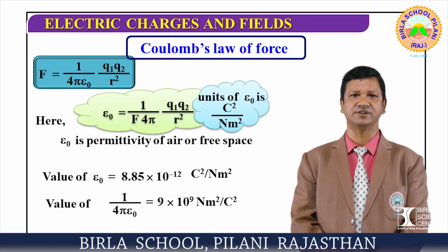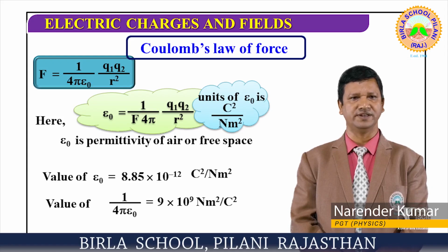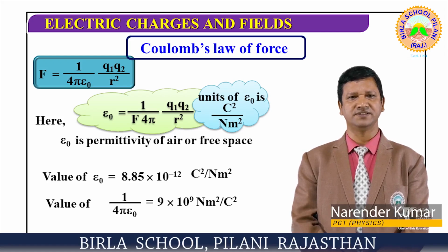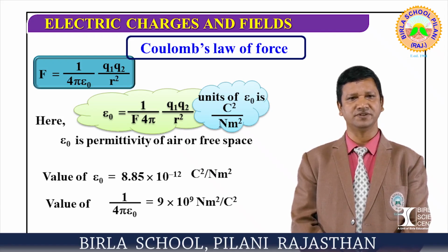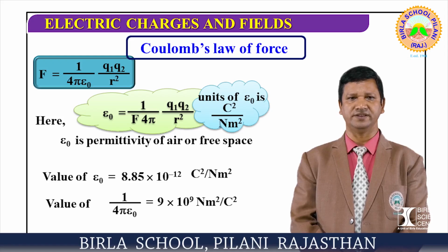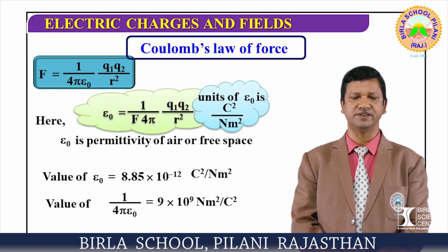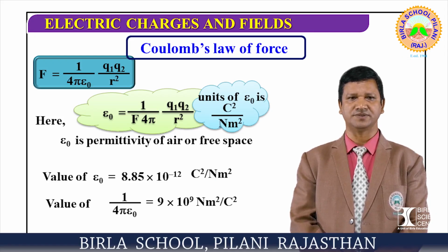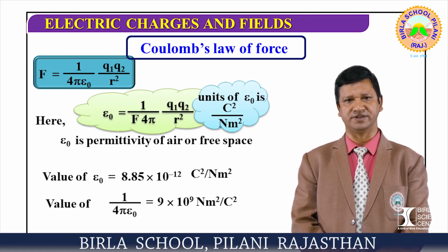Let us understand Coulomb's law in detail. In this expression for Coulomb's law of force in electrostatics, epsilon naught plays a very important role, which is the permittivity of free space or the medium. When the same charges of equal magnitude, separated by a particular distance, are placed in another medium, the permittivity again plays a very important role.